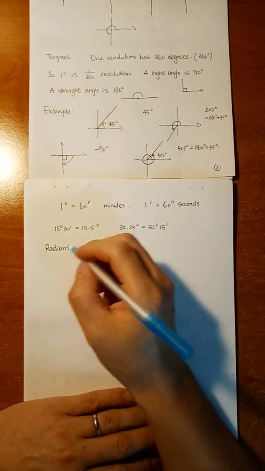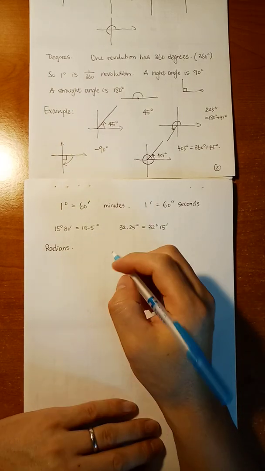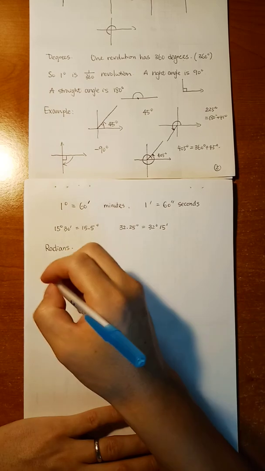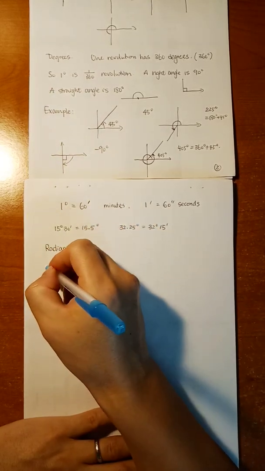Let's check what a radian is. Remember, radian is a measure of the angle. So we place the angle in a position, not standing in the position.